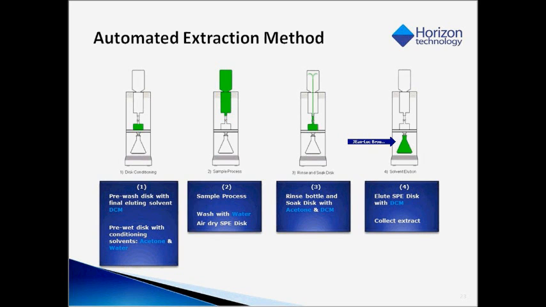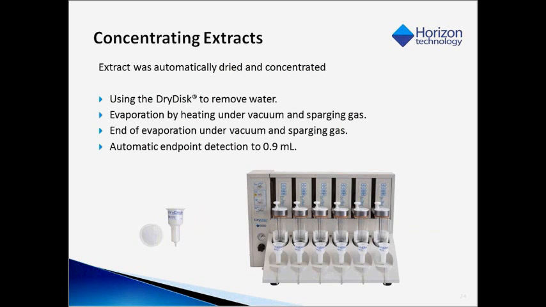Now, extraction is done, and it's time to concentrate your extract. Extracts were automatically dried and concentrated using the dry disk membrane to remove the possible trace amount of water. Evaporation and therefore concentration is achieved by heating under vacuum and sparging gas. In this case, molecular nitrogen is used as a sparging gas.